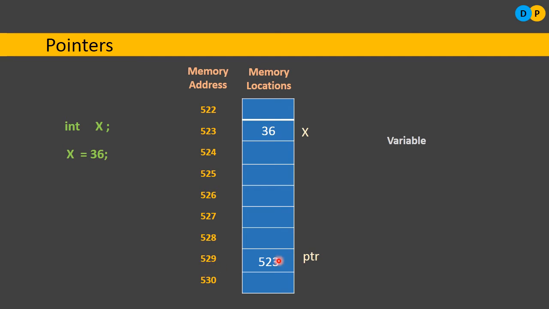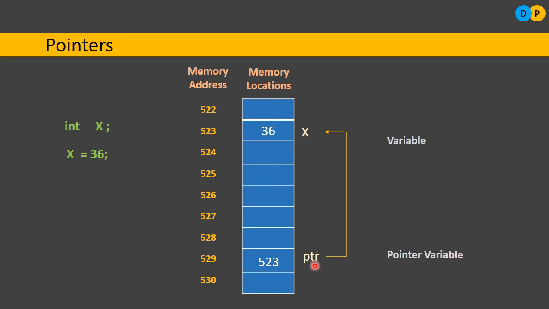Now using the pointer, I can access the value stored in the variable x. That's why the pointer variable is pointing to the address of the variable x.